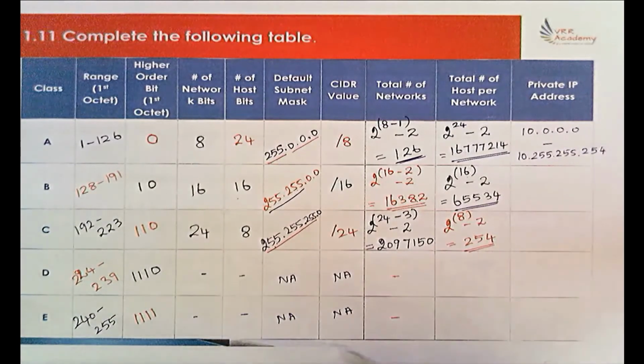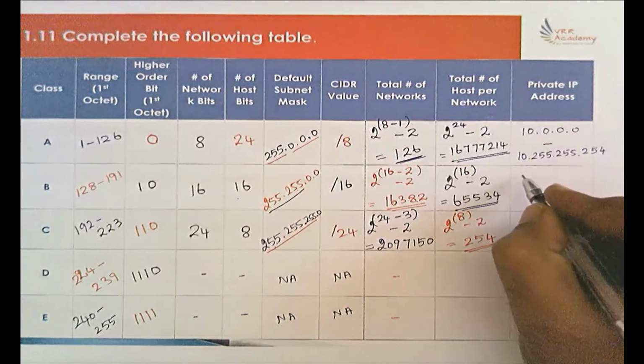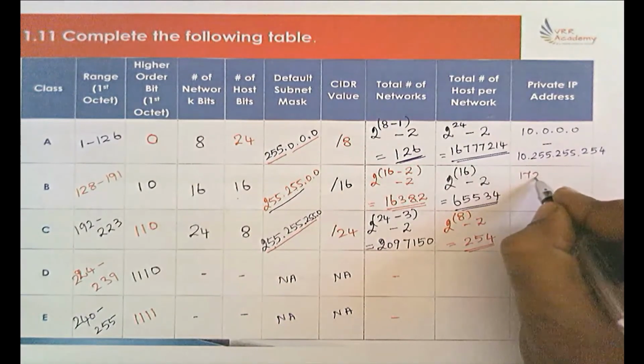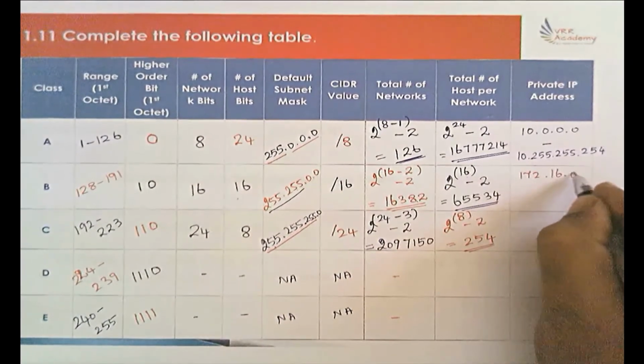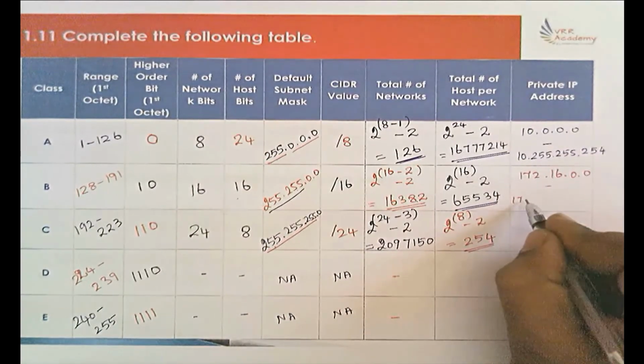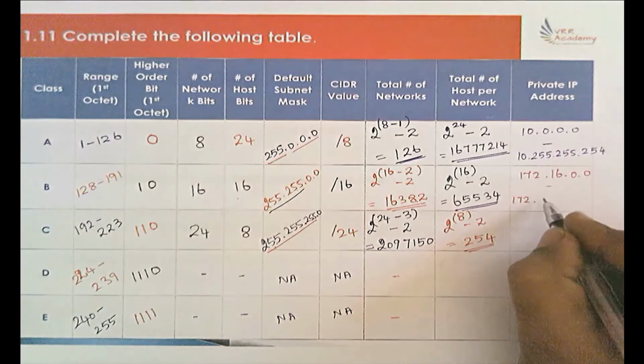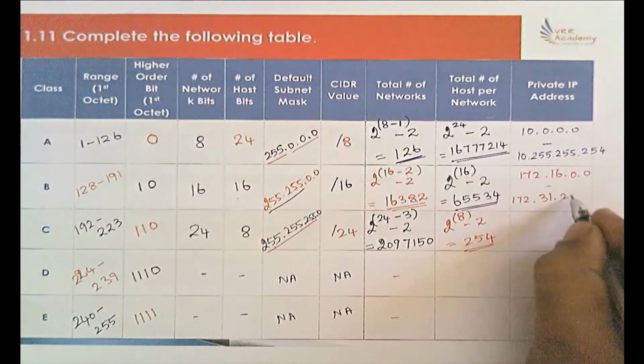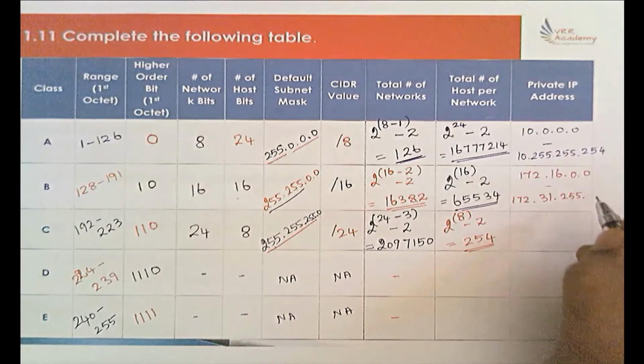For class B, the private IP address ranges from 172.16.0.0 to 172.31.255.254.